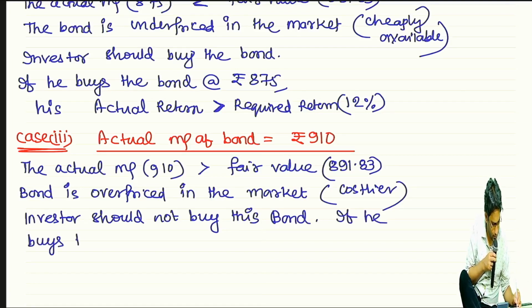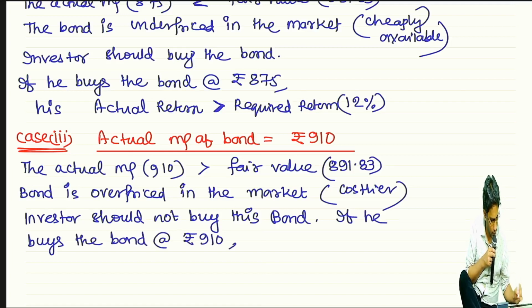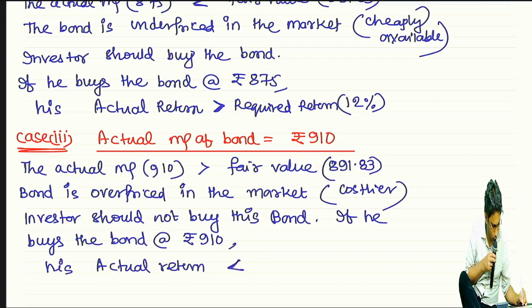If he buys the bond at rupees 910, then his actual return from the bond will be less than his required return.